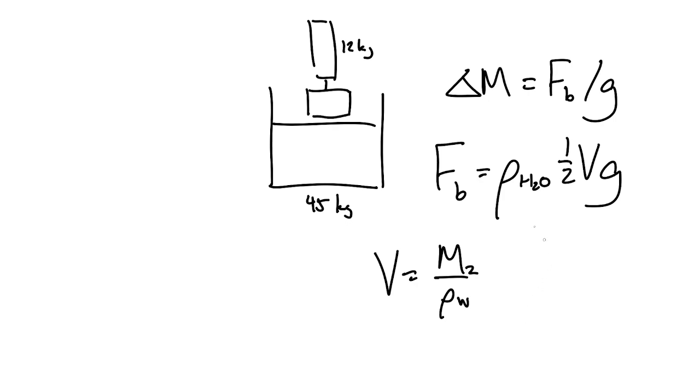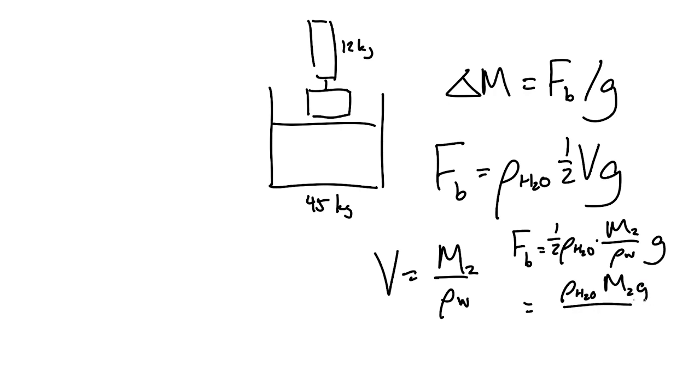And so that means that our buoyant force is going to be the density of our water times 1/2 times mass 2 divided by the rho of our wood times gravity, right? And so we can say that this is equal to rho water times m2 times g divided by 2 times the rho of our wood, right?